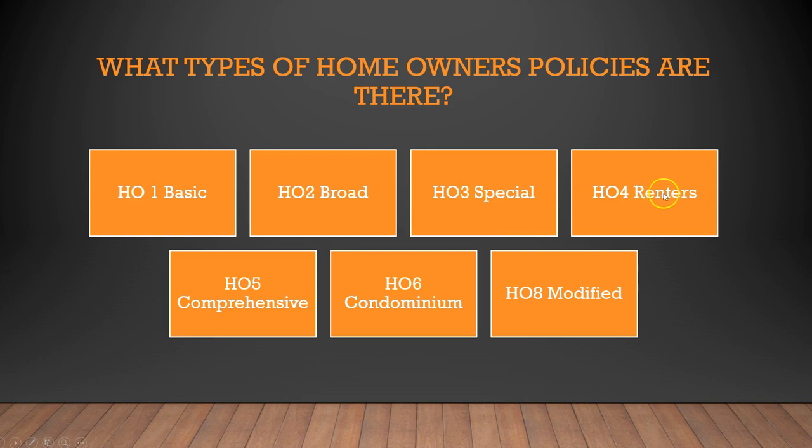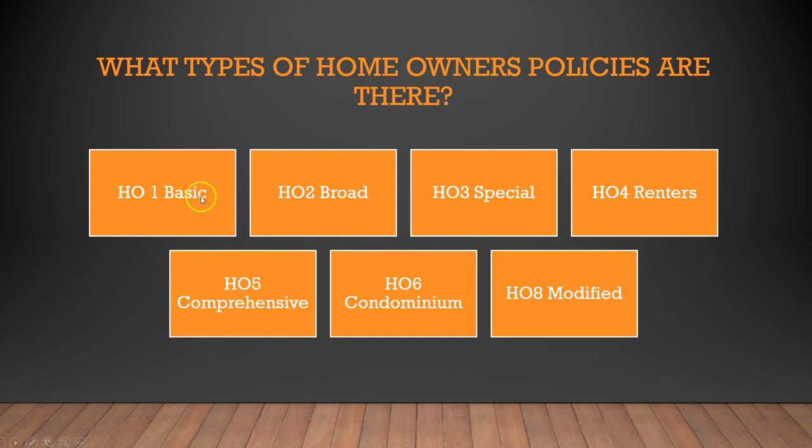You have your HO4, which is renter's insurance. There's HO5, which is a comprehensive coverage. HO6 is for condo insurance, and then the HO8 is for modified homes. So it's important to understand what type of coverages are in these types of homeowners policies.